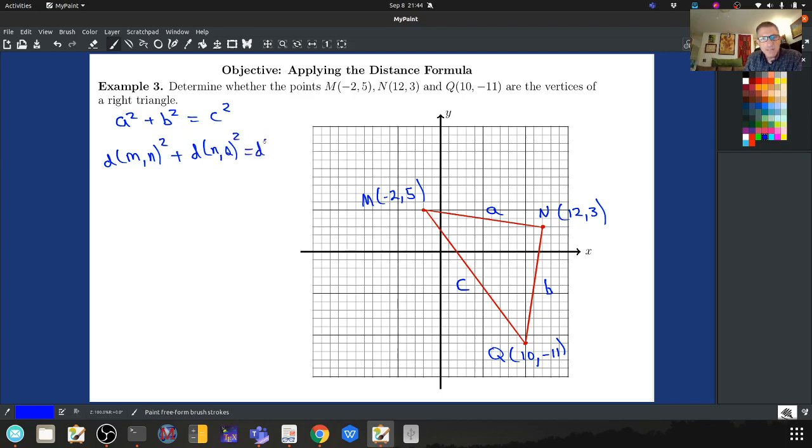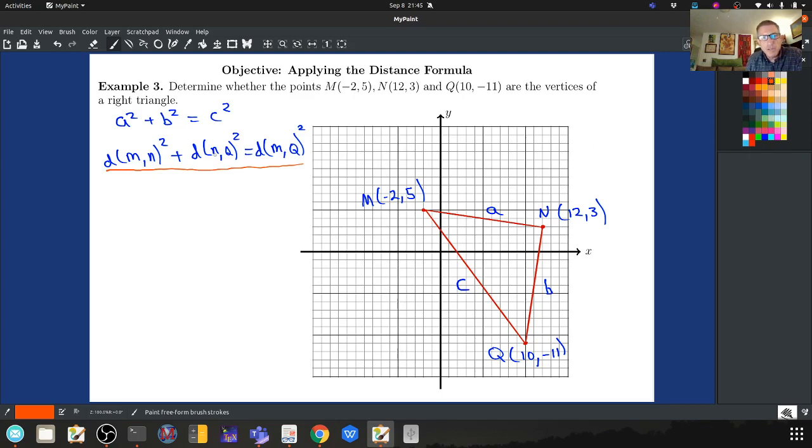It's the distance between M and Q, and it's going to be squared. So let's find the distance. I find these easier just to find each one of these. This is my guiding equation. So I'm going to find each item in the left-hand side individually. Then I'll add them up and see if they're equal to the distance between MQ squared.